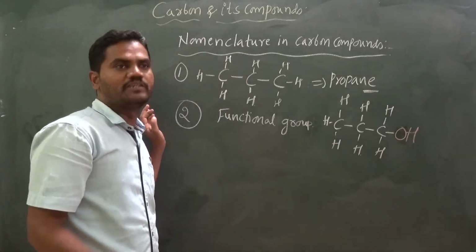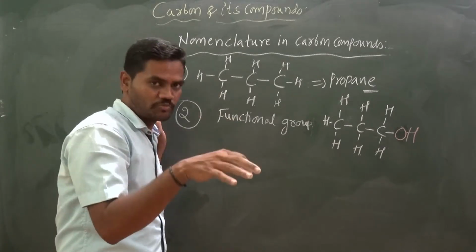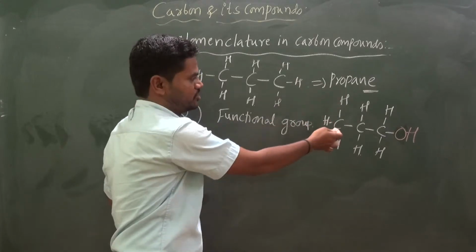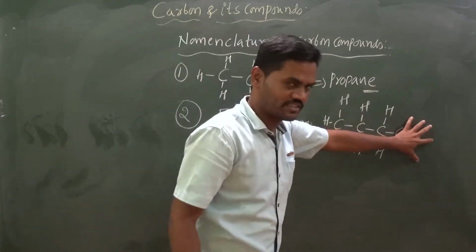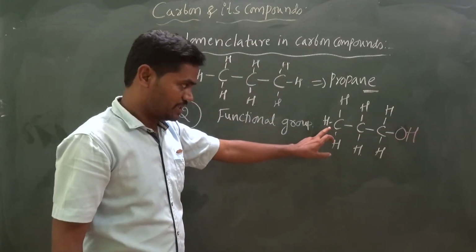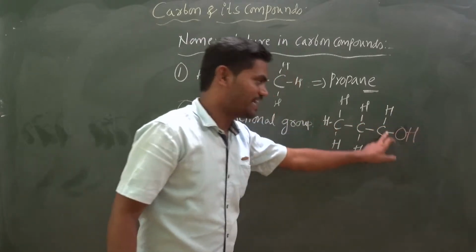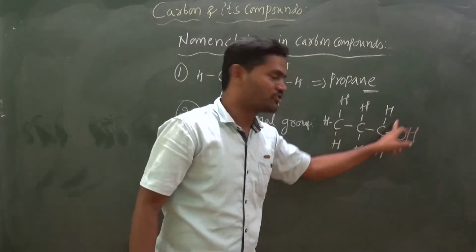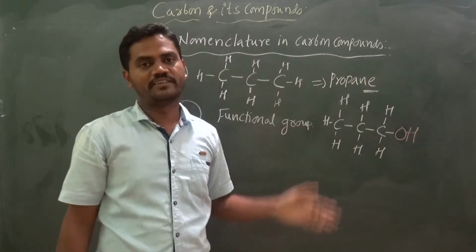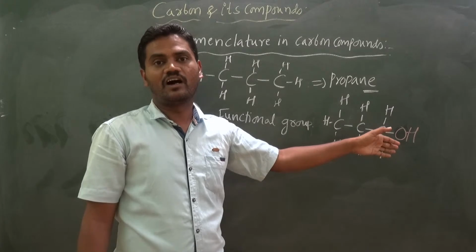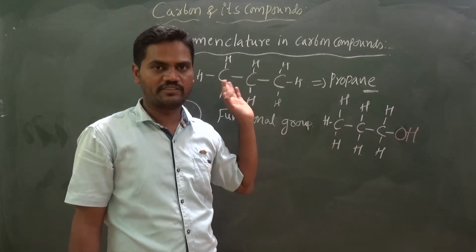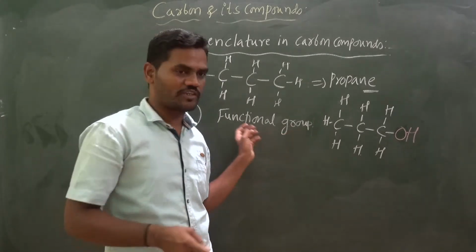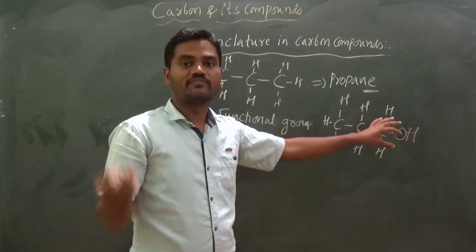So what is the second point? Whether that organic compound contains any functional group or not, you have to see it. For the first example, this one is propane. For the second one, they have given one functional group as OH, and already you know that this belongs to the alcohol functional group. So the first point is to see the number of carbon atoms present. Then next, you have to see which functional group is present.